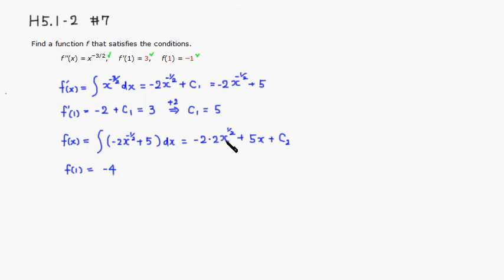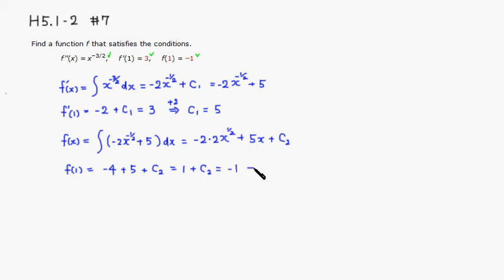If you plug in 1 here, 1 to the 1/2 is still 1, so it's going to be negative 4 plus 5 times 1, which is 5, then plus c2. So negative 4 and 5 combined is positive 1 plus c2, and we set this equal to negative 1.